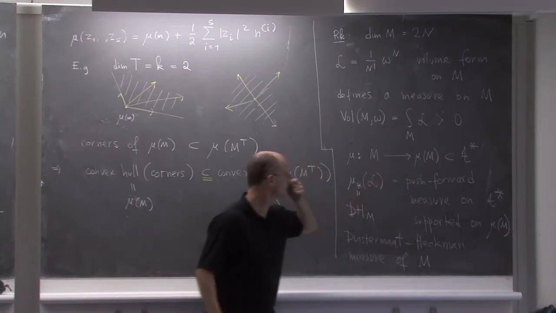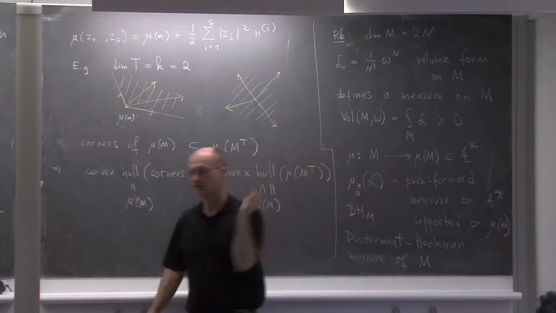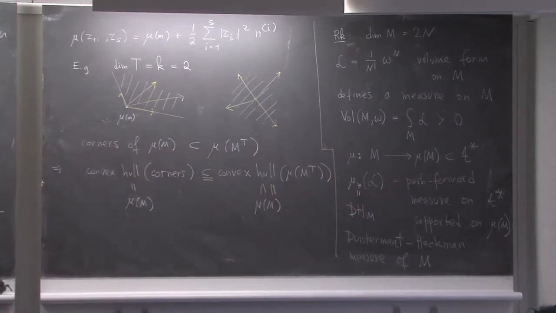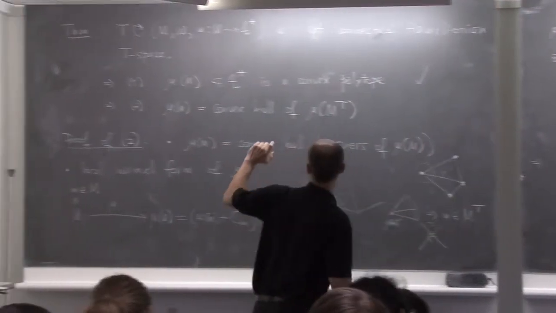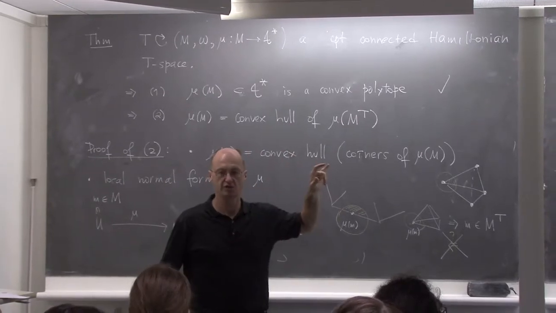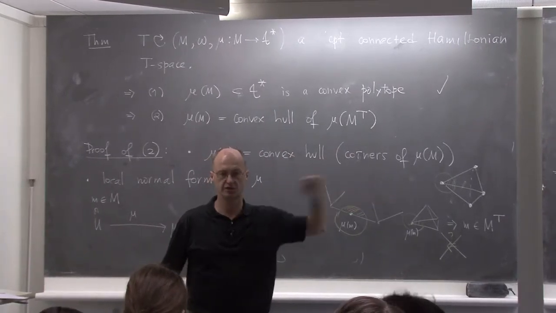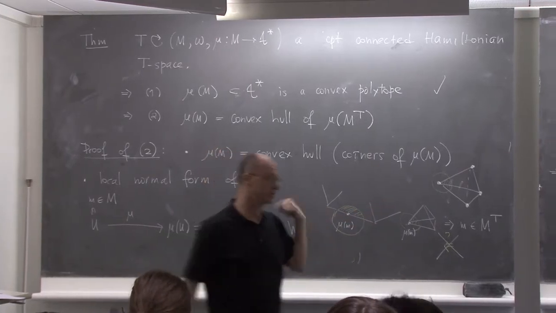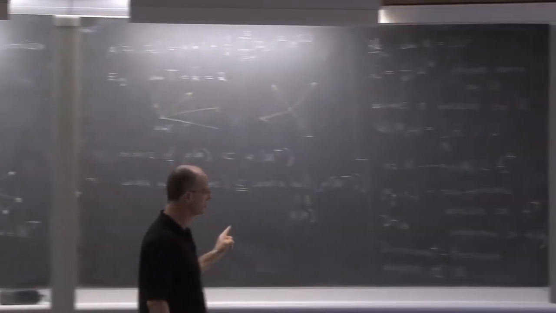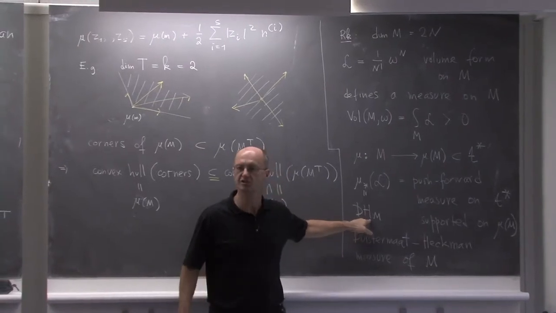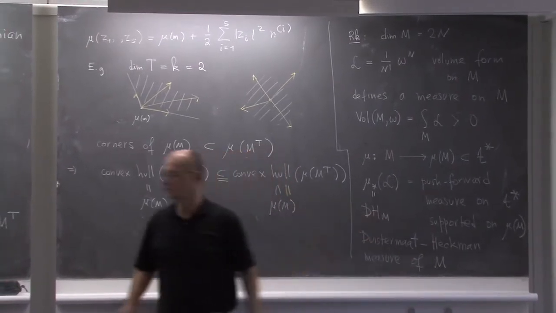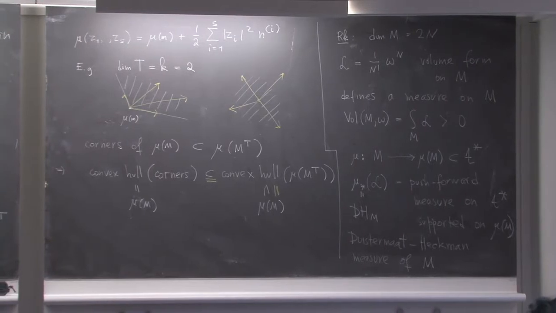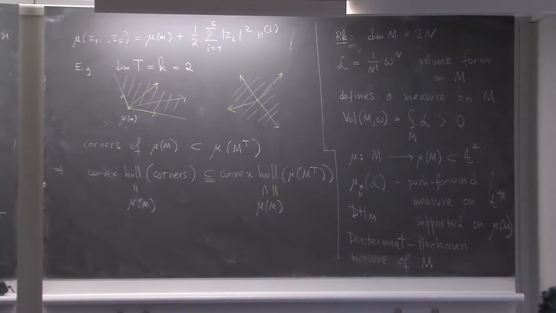And so that's the measure on the polytope. So you see, this introduces a whole new dimension in our discussion. We have a manifold, we associate to it its moment polytope, which is a combinatorial object. But it turns out that this polytope is actually equipped with this measure, right? So let's discuss the properties of this measure.